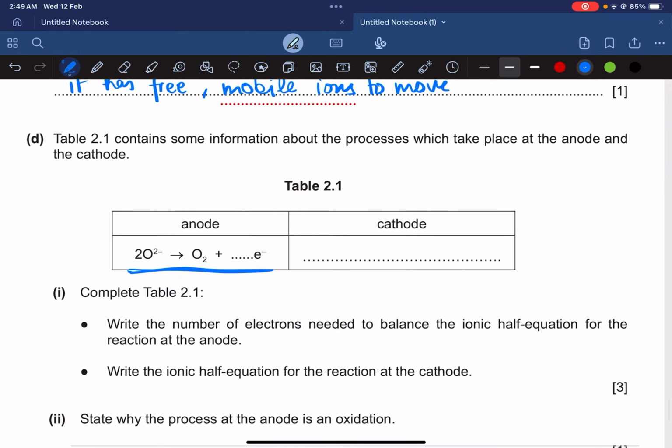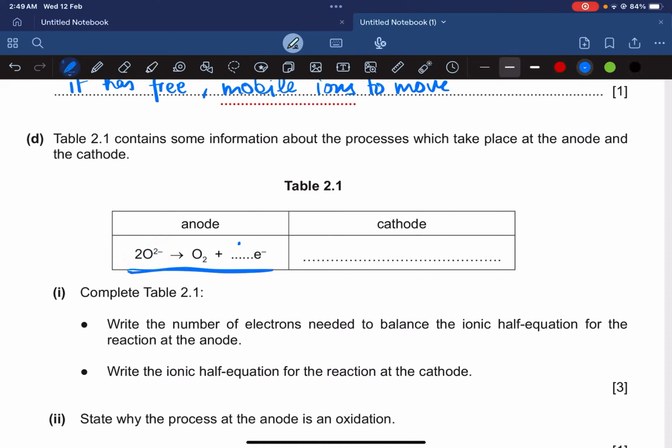One oxide has a charge of 2 negative, which means it gains 2 electrons. Over here, we have 2 oxide ions, each with a charge of 2 negative, so we have negative 2 and negative 2 electrons, which means 4 electrons. So 2 oxygen means we're going to have 4 electrons.